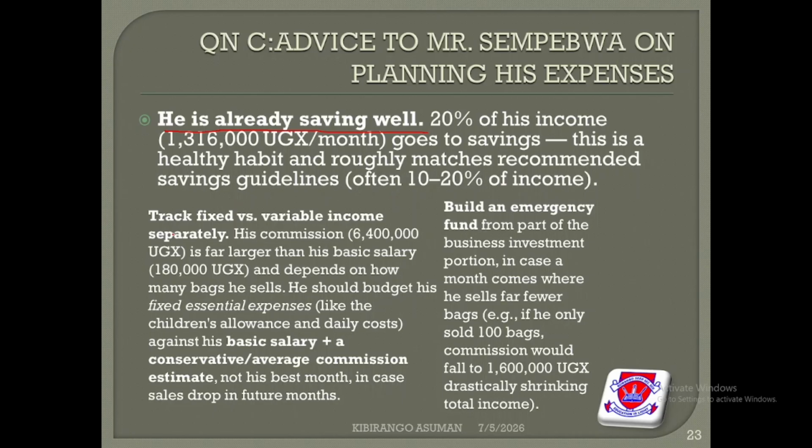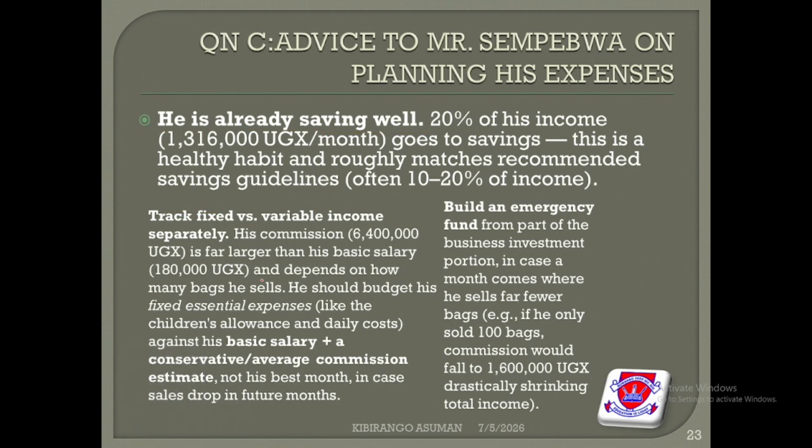The next advice we give Mr. Sempebwa is to track the fixed versus the variable income separately. The fixed monthly salary, we know it, and the variable income is separate, because the variable income changes, but the fixed monthly salary does not change. So you need to track them differently, because not all the time will you be making profits.